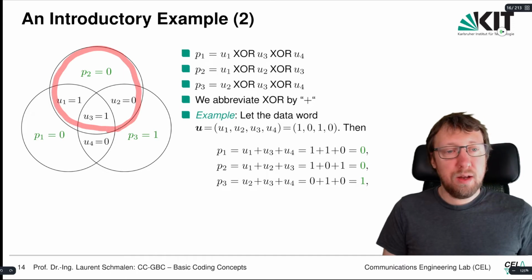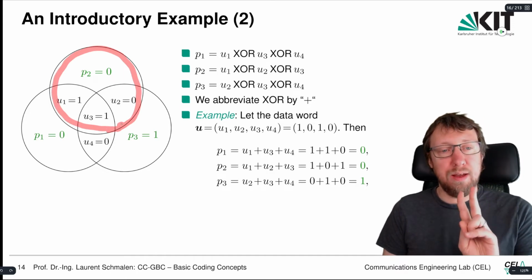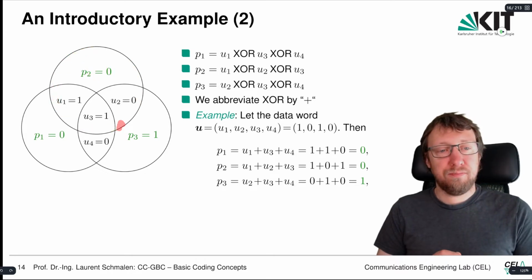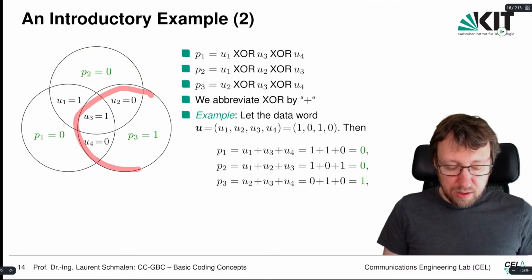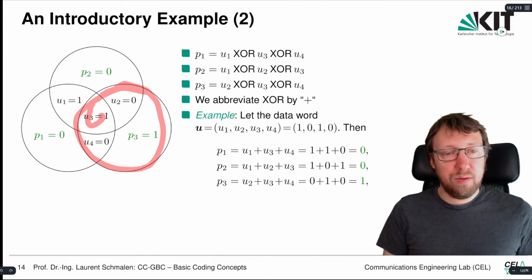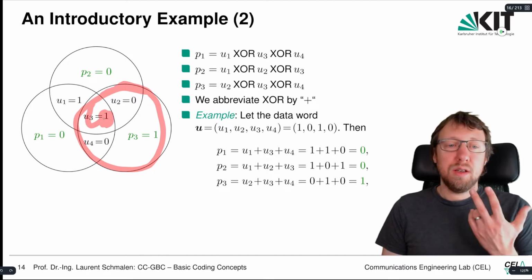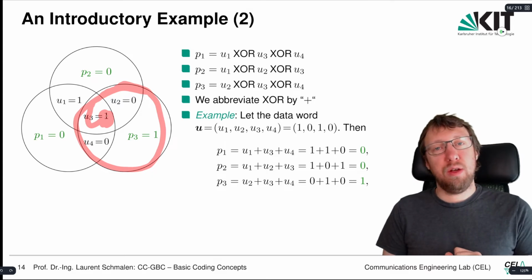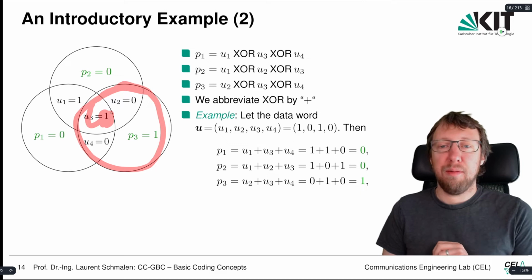Then we're looking at this circle. Again, we see we have U1 and U3, we have an even number of ones, so we can select P2 to be equal to 0. In the third circle, we only have a single one from the information, so we see that we need to set P3 to be equal to 1 in order to have an even number of ones.